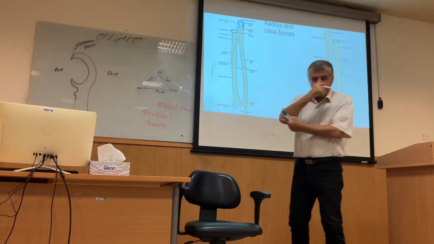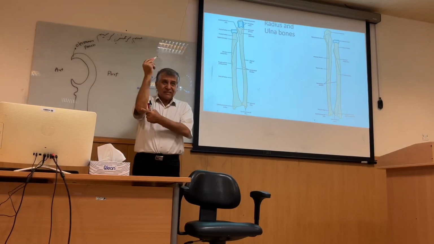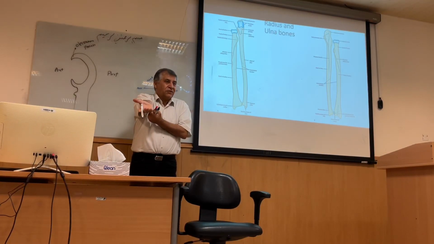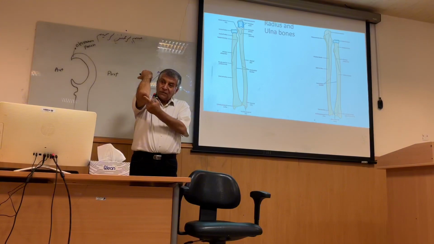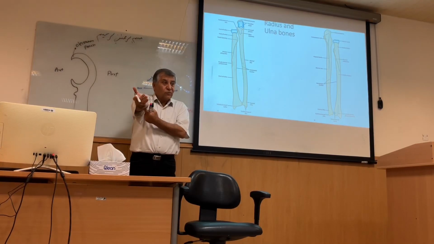In full extension of the elbow, the olecranon process inserts into the olecranon fossa of the humerus.